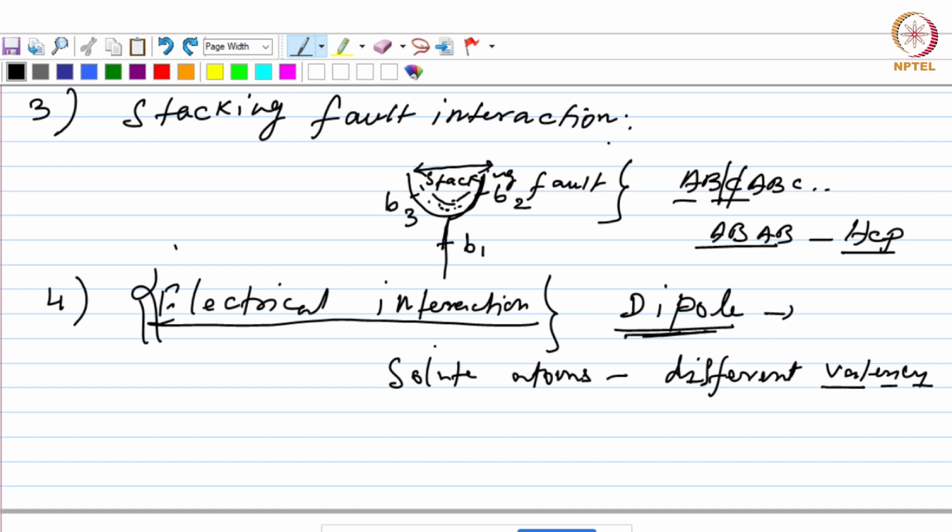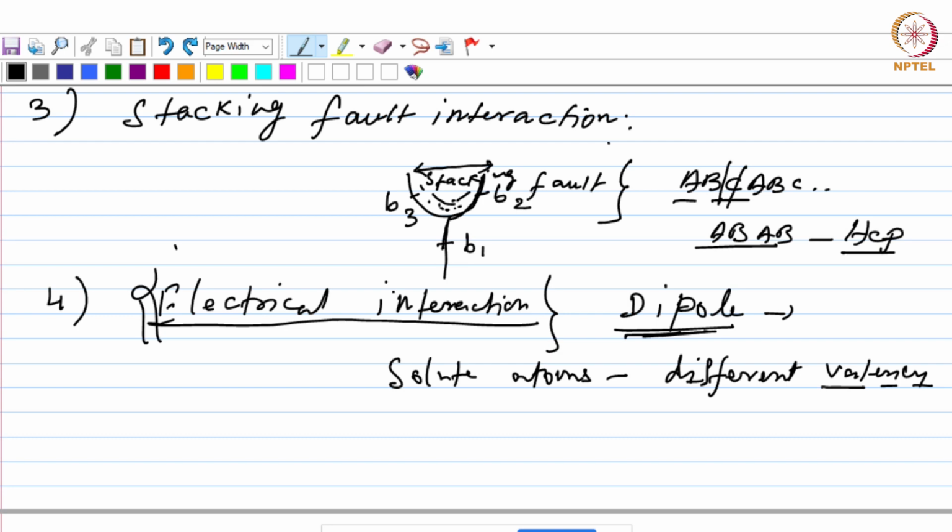Okay, so due to a different valency, these solute atoms become charge centers, because the charge will be localized around the solute atoms, and they will interact with the dislocations which are dipoles. Okay, and due to that, the motion of the dislocations will be hindered by such electrical interactions.